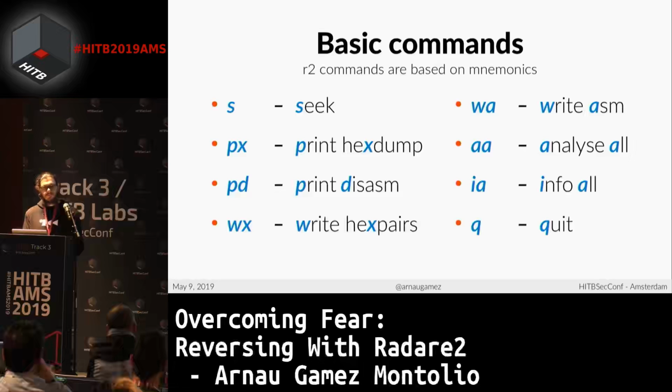Then we have the following sub-commands. So, for example, if we want to seek to an offset, we will use s. If we want to print the hexdump, we will use px; to print the disassembly, pd. If we want to write hex pairs, write assembly, analyze all, info all, or quit. And everything works like that. So sometimes you can even guess what the command will be.